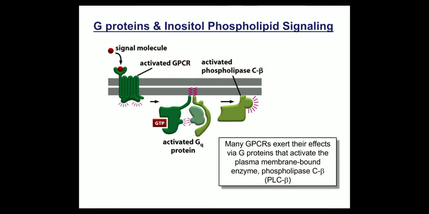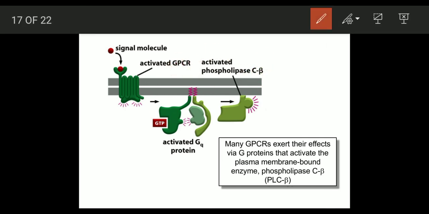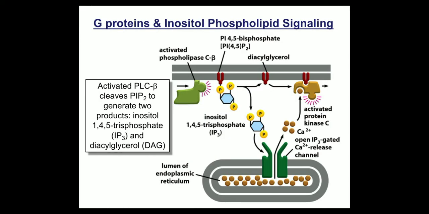This is the only difference here, guys. In the cAMP pathway, we discussed the enzyme adenylyl cyclase, and here we will discuss the enzyme phospholipase C beta. Many GPCRs exert their effect via G protein that activates the plasma membrane bound enzyme, that is phospholipase C beta. Got it, guys? Now let's see the overall concept here.